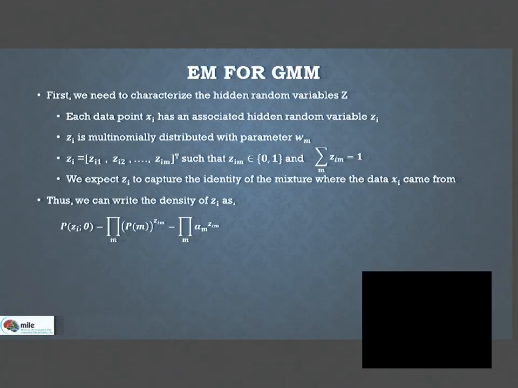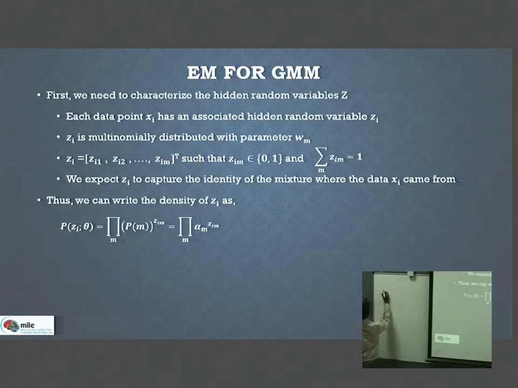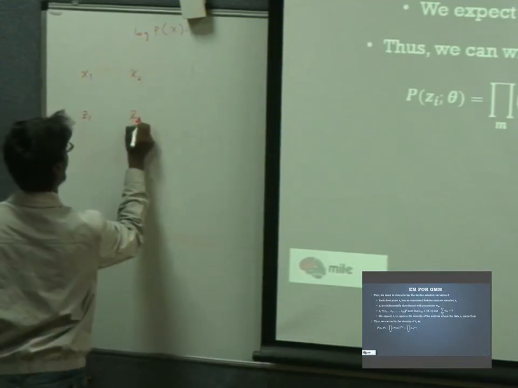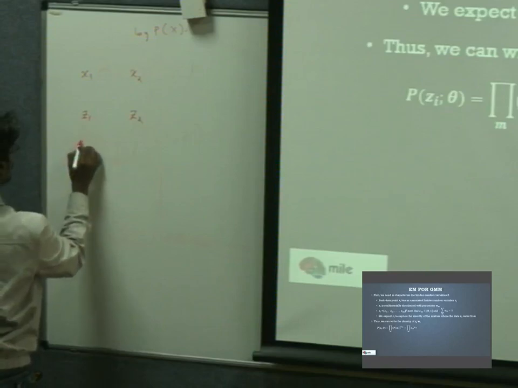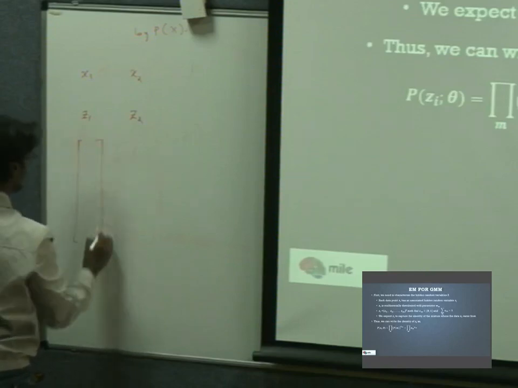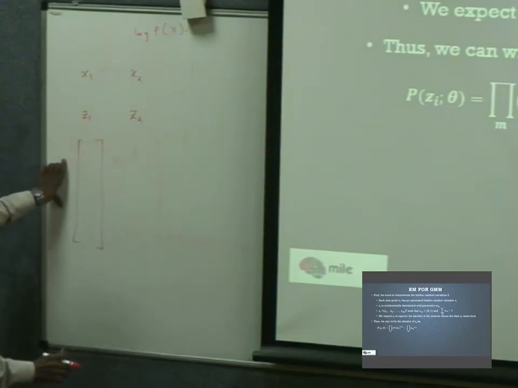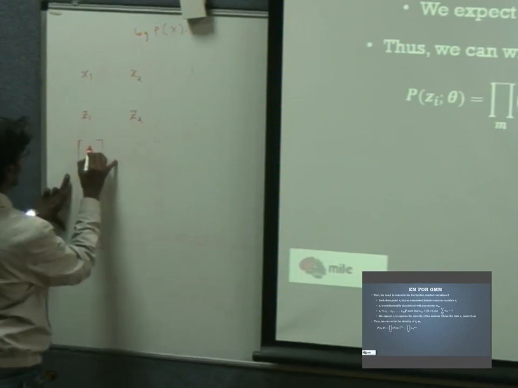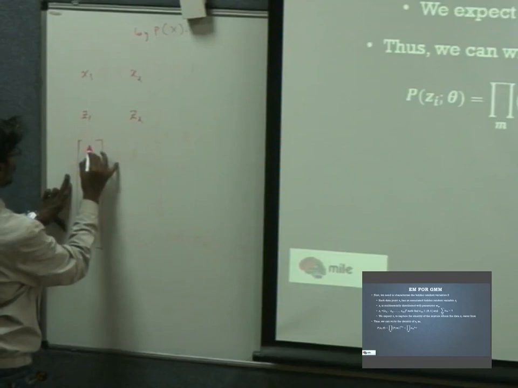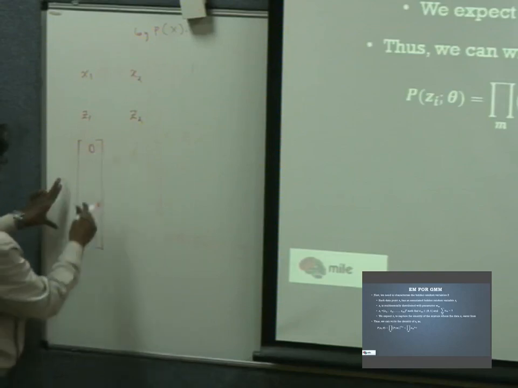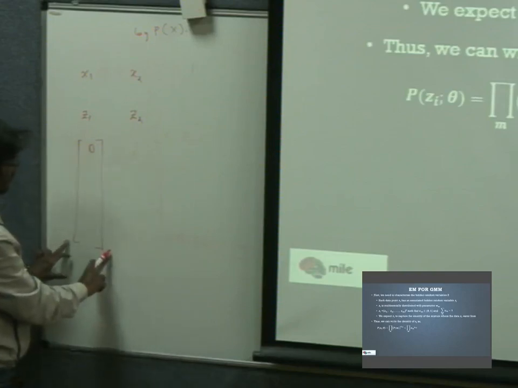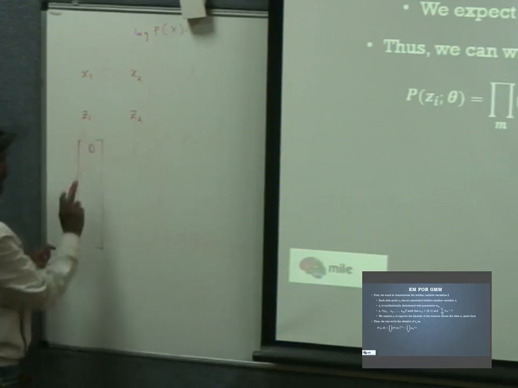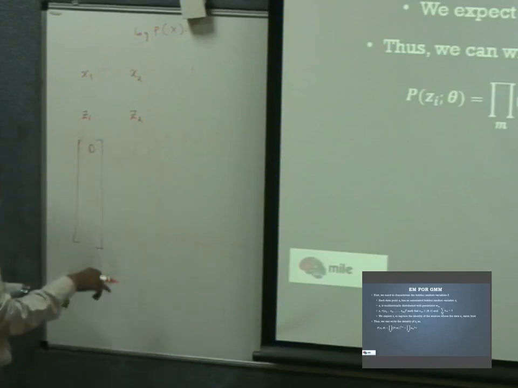So if it is x1, you have z1, and if it is x2, you have z2, and so on. This z1 is a vector which is m length, where capital M is the number of mixtures, and each entry can either be 1 or 0. If you sum the entries of this vector, you should get 1, which means only one element should be 1 and the rest have to be 0.